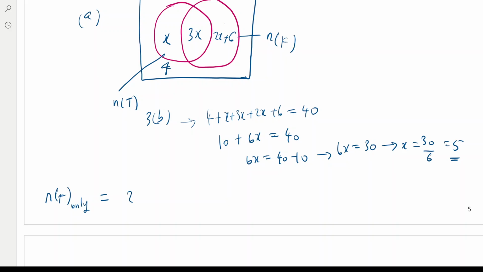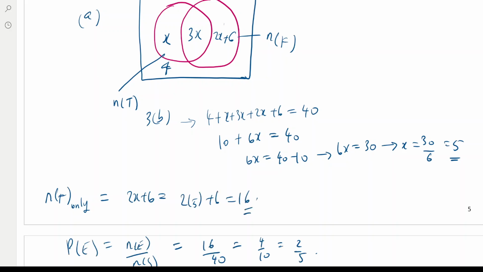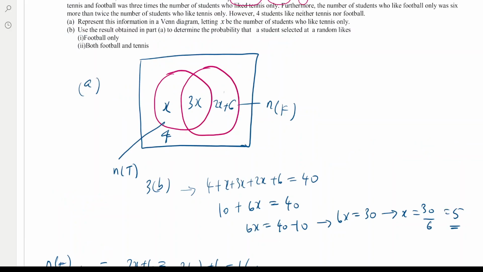So probability of an event will be number of event divided by number of sample space. For our case, the event is going to be 16 divided by 40. Simplify by 4, 4 by 4 will be 10, so 2 over 5. So the probability that a student selected at random likes football only is 2 over 5.